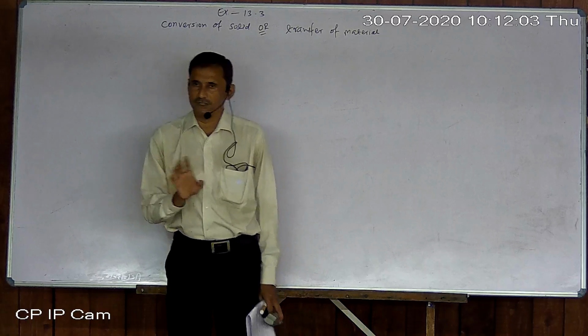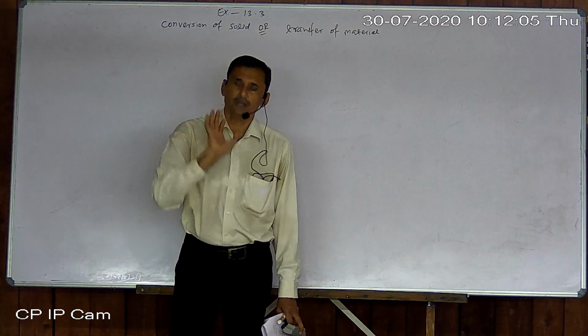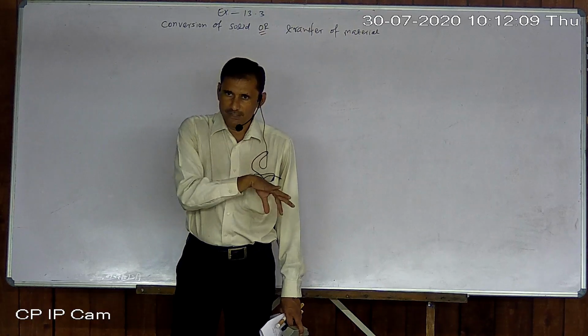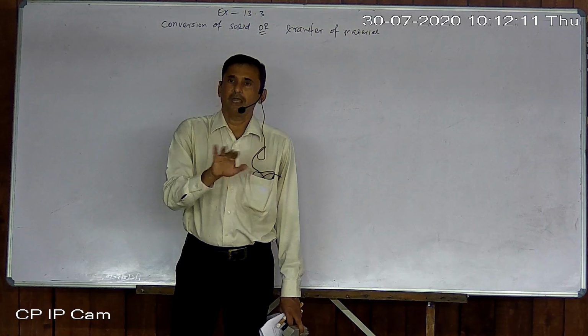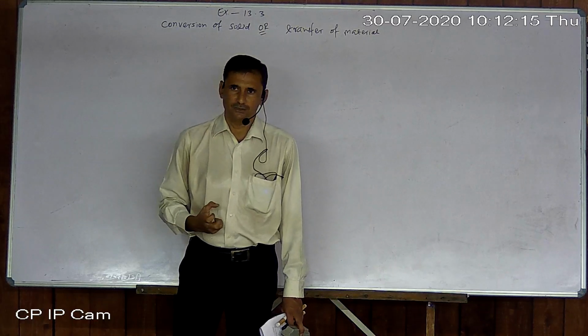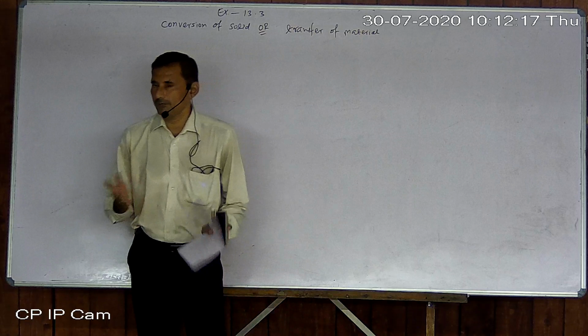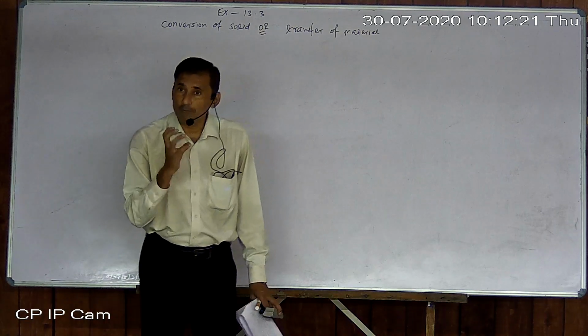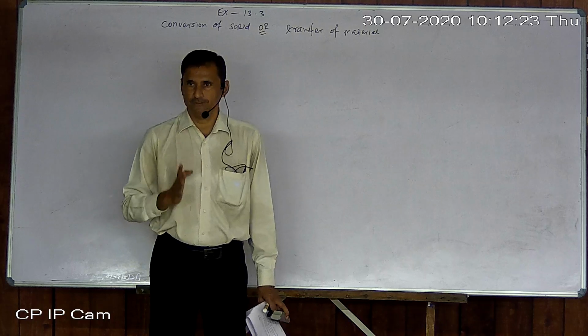You did not waste any clay, you did not add any clay. So the cylinder is dismantled, removed, okay, and you form a sphere. So obviously what remains constant? Volume. So volume of clay remains constant.